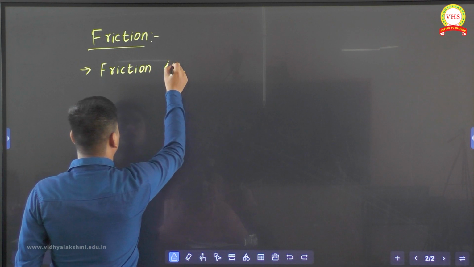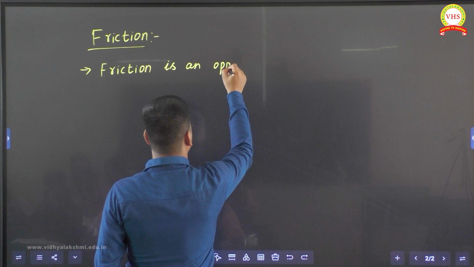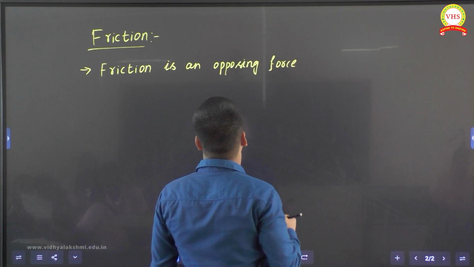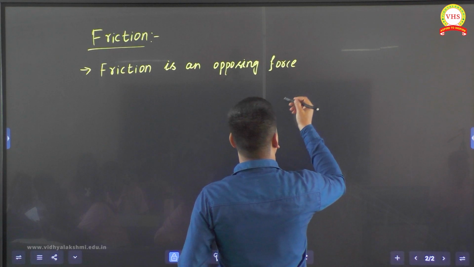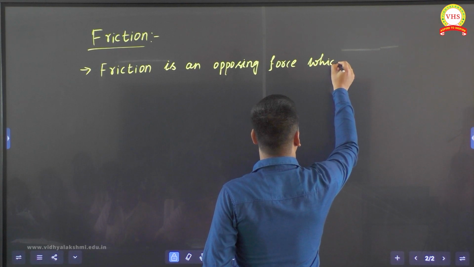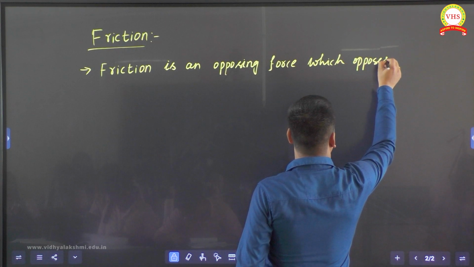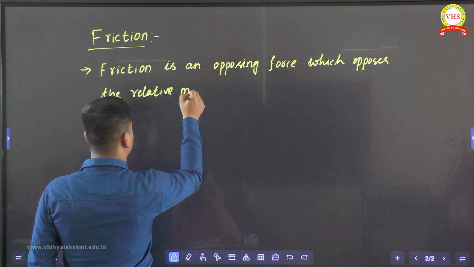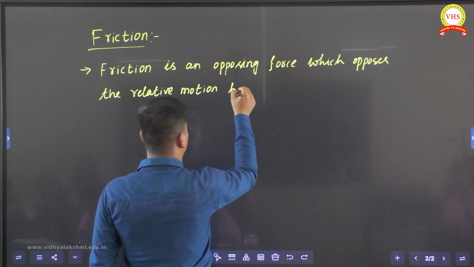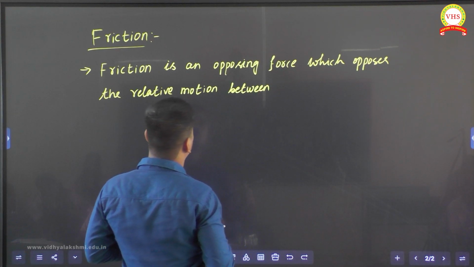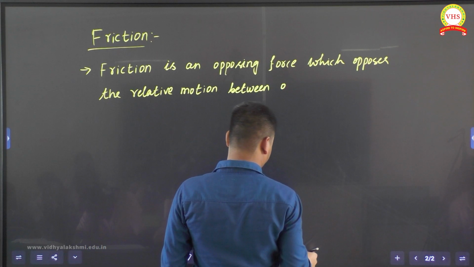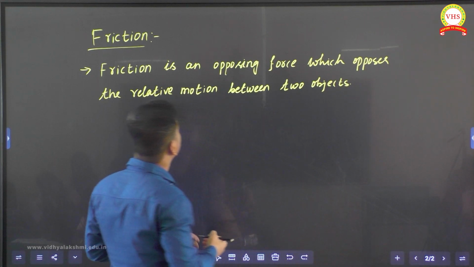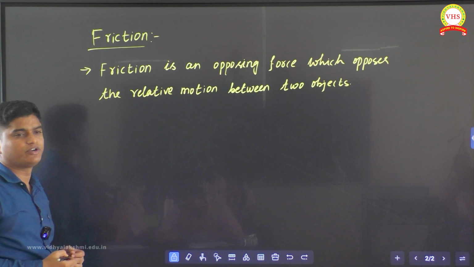Friction is an opposing force which opposes the relative motion between two objects.